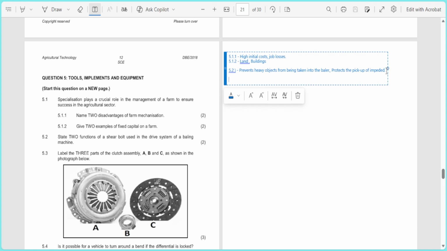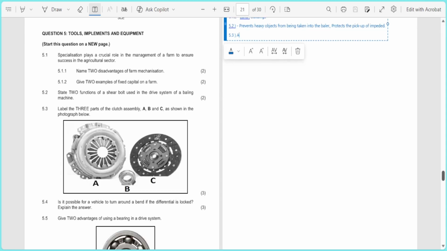Alright, so 5.3. Label the three parts of the clutch assembly A, B, and C as shown in the photograph below. So we have A, B, then C. Alright, let's label that. A, that looks like a pressure plate.